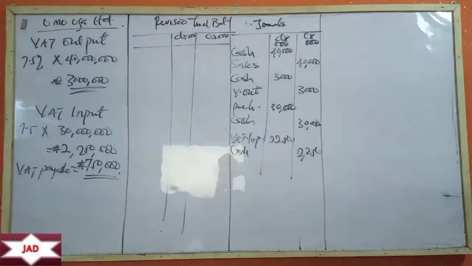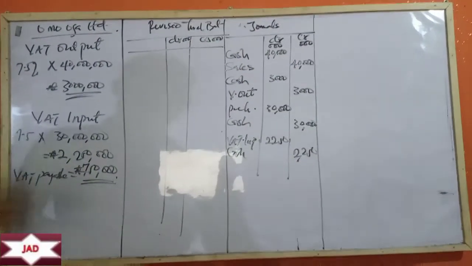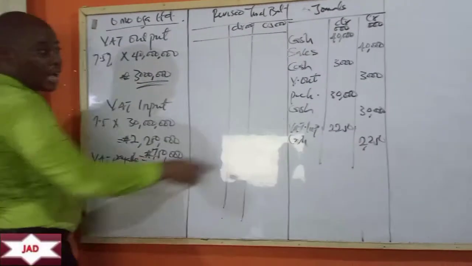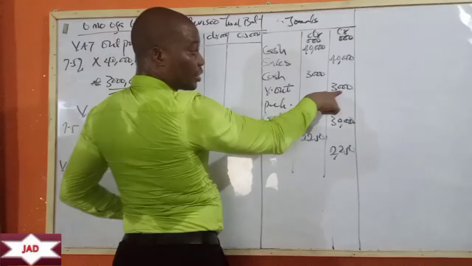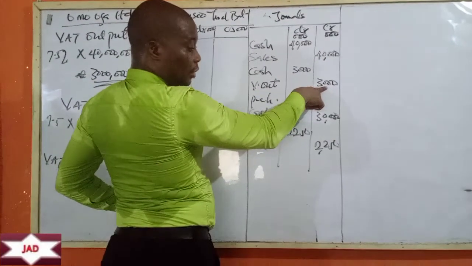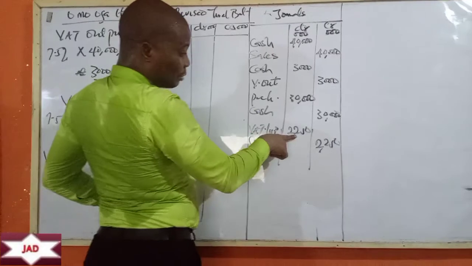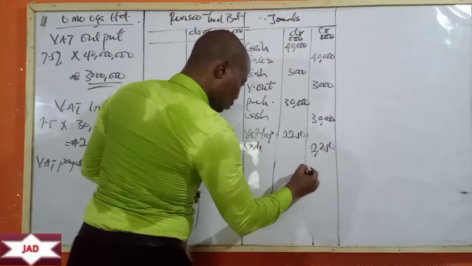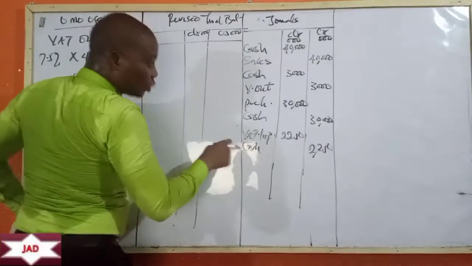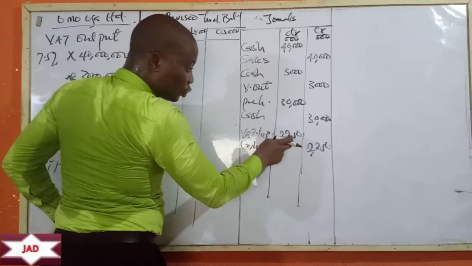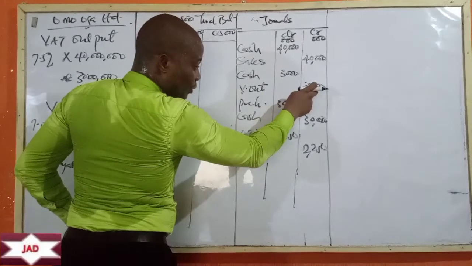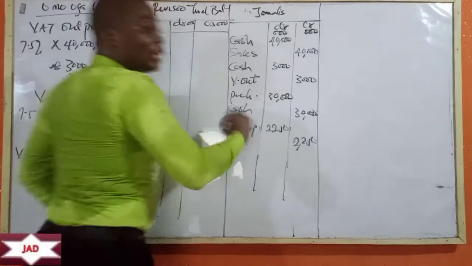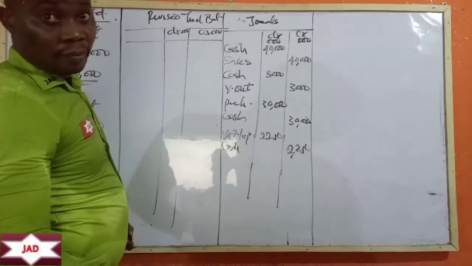So at the end of the month, when you want to raise your journals to nil it off to be 750, you know we have VAT output here, credit of 3,000. Then we have VAT input here, debit of 2,250, right? So we can close this and bring it to this place. If you want to close this now, you're going to credit it and then debit this one here. So we can close VAT input. That's when you want to pay anyway, and payment usually will be in the following month.